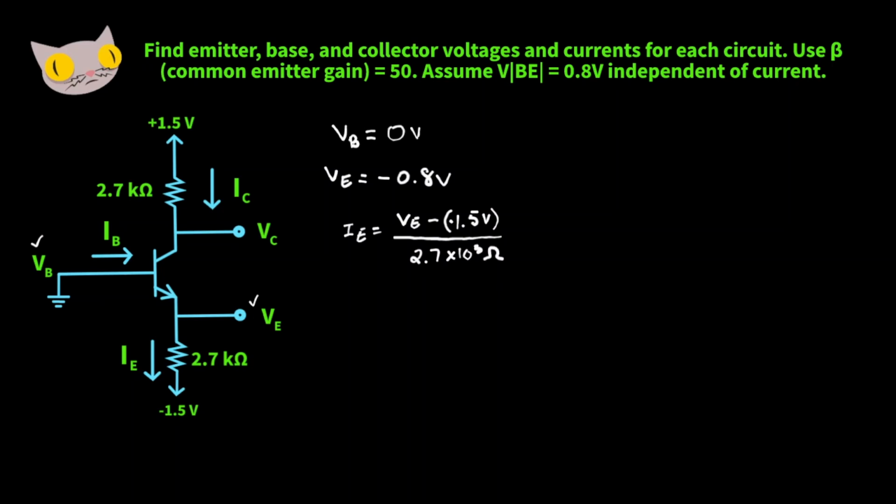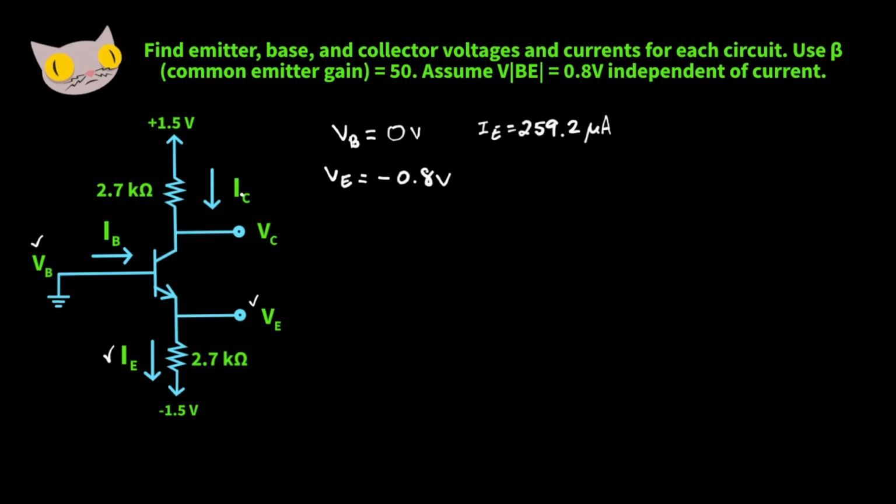Whoops, I forgot the negative sign here. So we know the value of VE, so we can solve this, and this is going to give us a value of 259.2 microamps. So we have our emitter current, that's checked off.